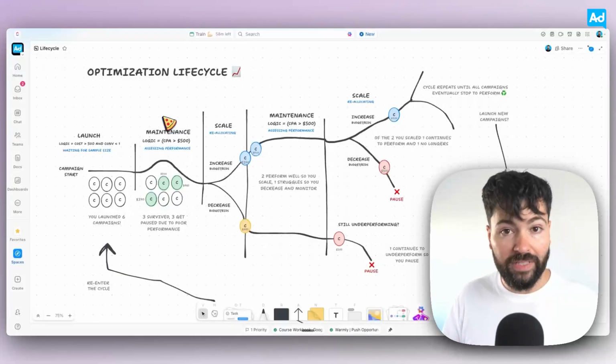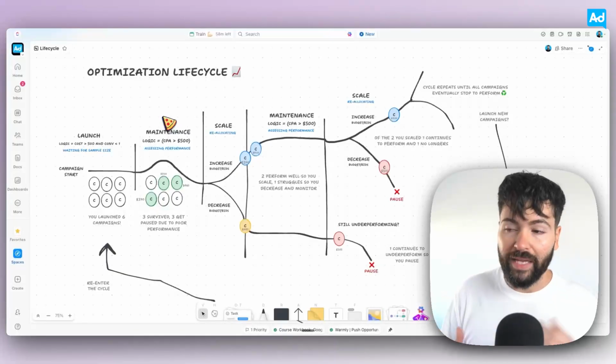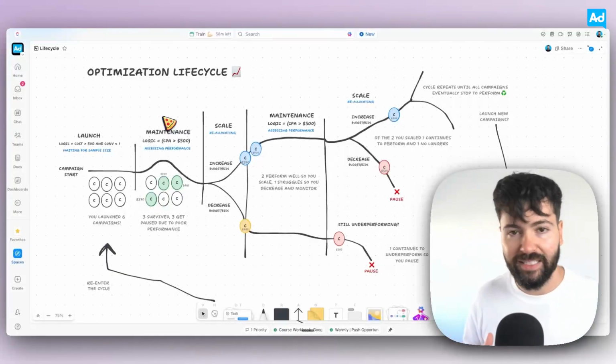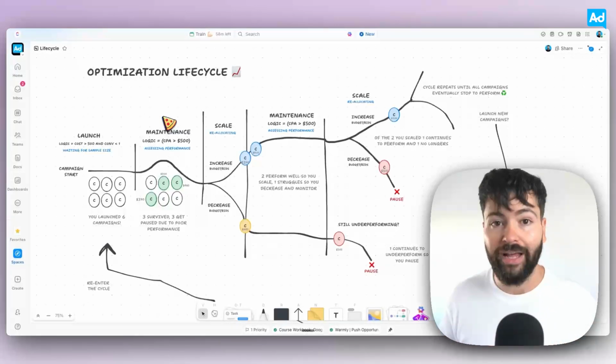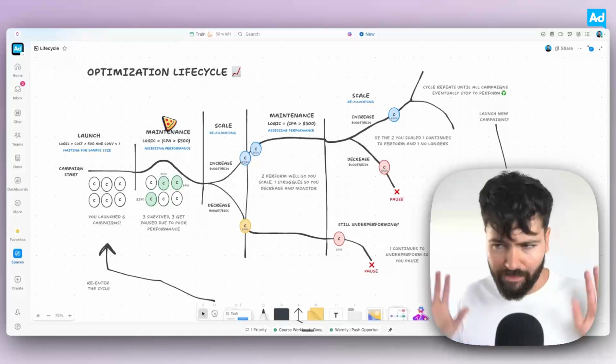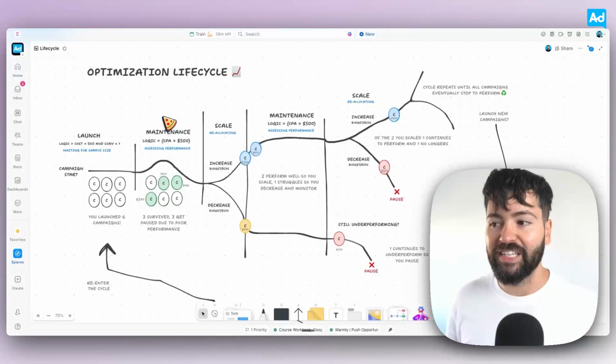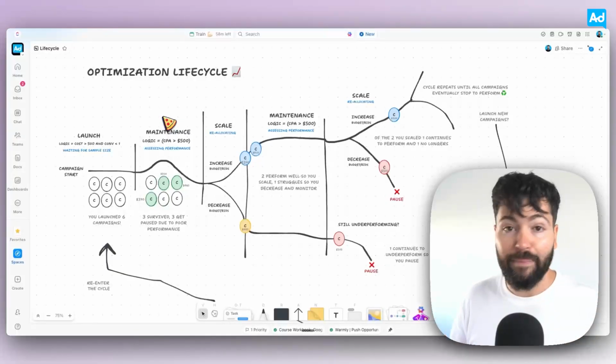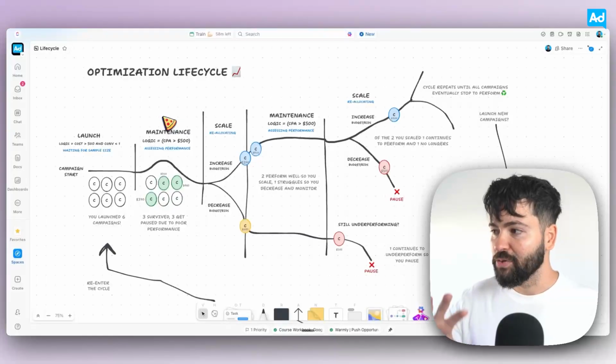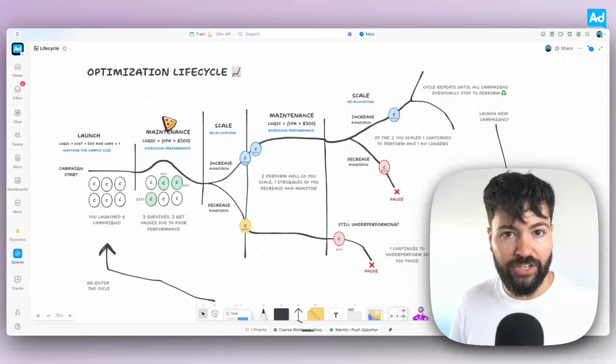Or again, they don't have the time or the discipline, or they get too emotional about their decision making and they say, you know what, I really like this ad. I think it's a beautiful ad. I'm going to keep letting it run because I believe in it, because it once performed, right? And then, fast forward 6 months, you lost 30 grand. Happens all the time. So this is why ad automation is so important.